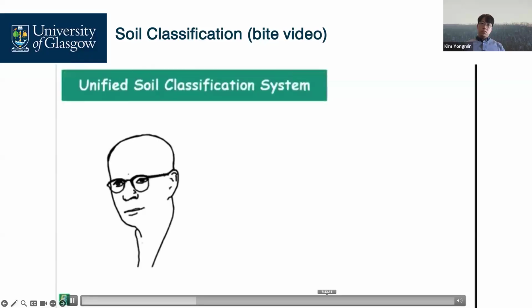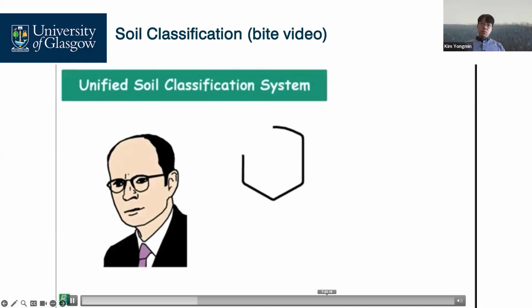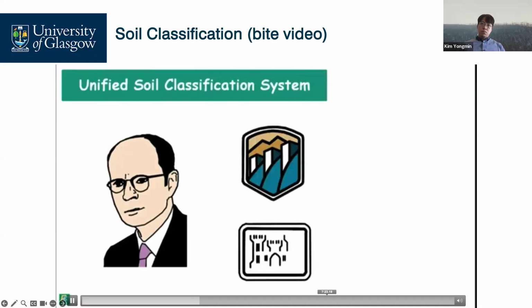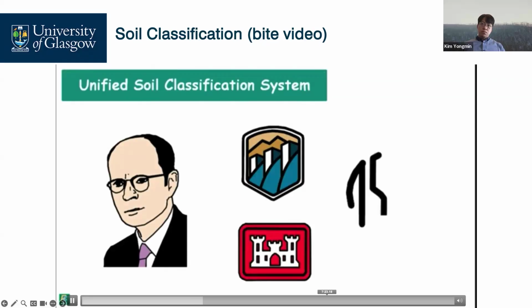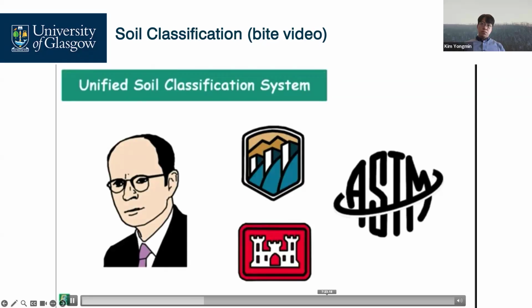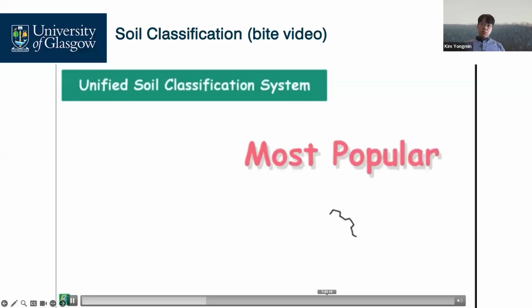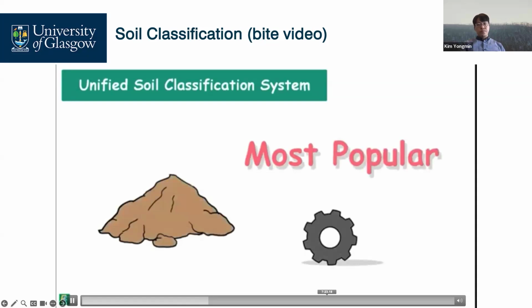Soil classification system. It was first developed by Casagrande and later it was modified by the Bureau of Reclamation and the Corps of Engineers of the USA. This system has also been adopted by the American Society for Testing and Materials, ASTM. It is the most popular system for use in all types of engineering problems involving soil.